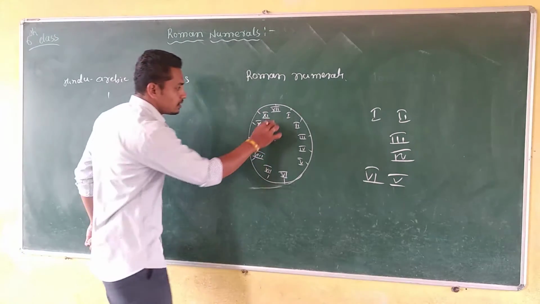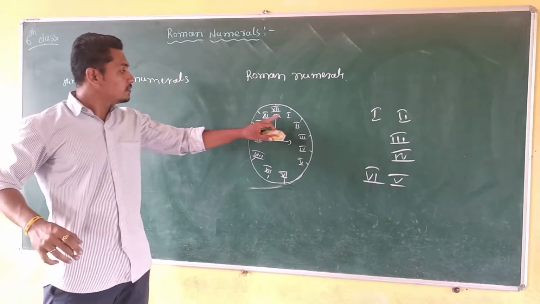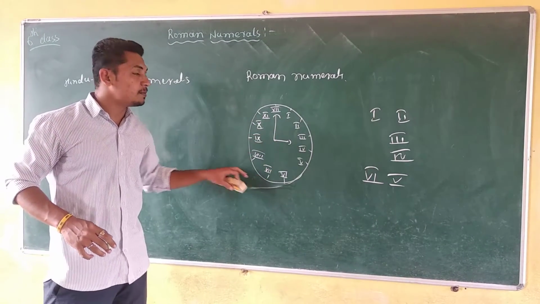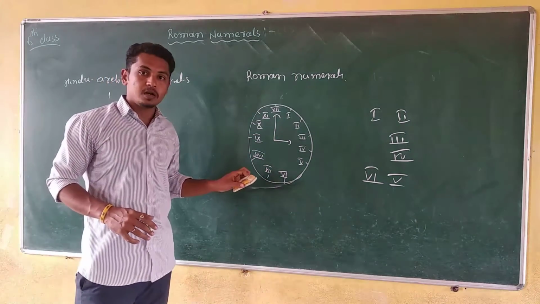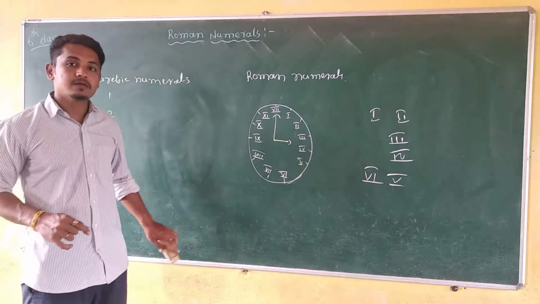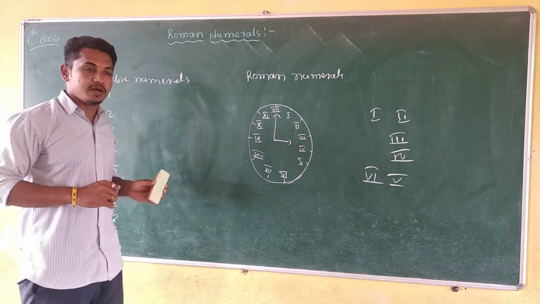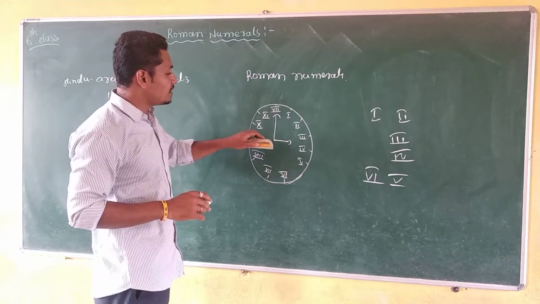This is a clock. In that clock, we've seen these numbers. These type of numbers are known as Roman numbers, and you also see these numbers in your school timetable, which you already saw.